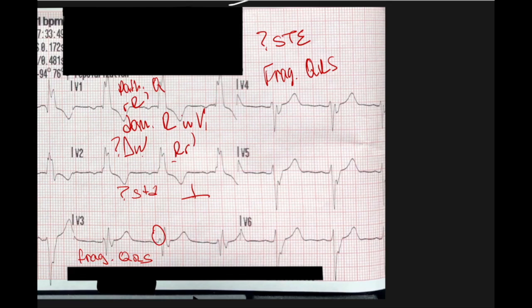P waves upright. We have this RSR' monstrosity of a QRS complex. So again, a fragmented QRS. Maybe a little bit of ST elevation, and our T waves are upright.